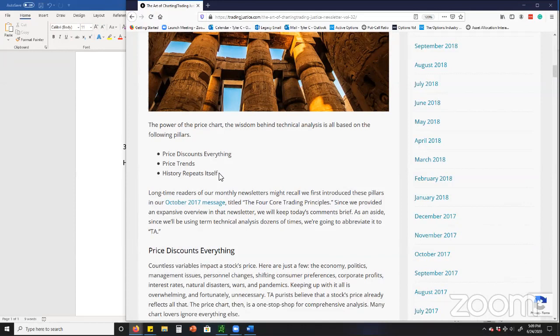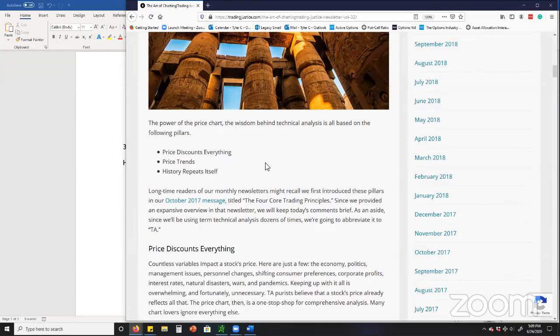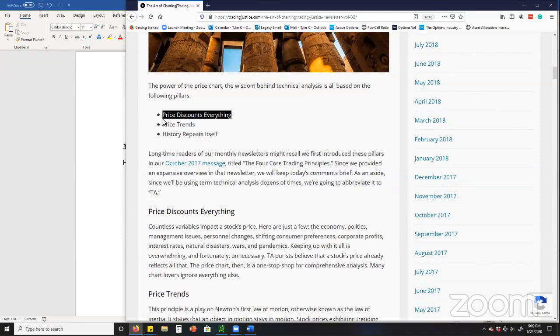These principles make sense. They're grounded in logic and rational thought. And so maybe there's something I can use in my own trading to improve my performance, right? To improve my performance. So first principle, price discounts everything.